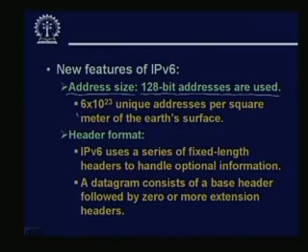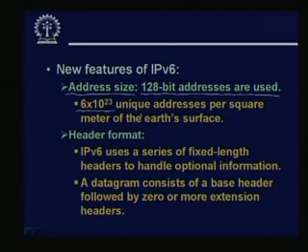Let us see. If you compute 2 to the power 128, it comes to close to 6 into 10 to the power 23 addresses per square meter. This is not the total.